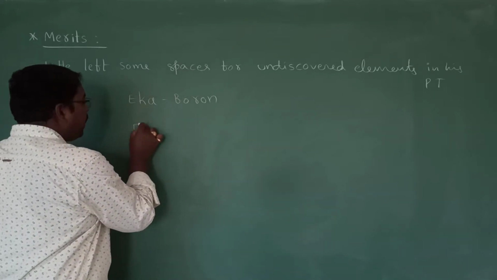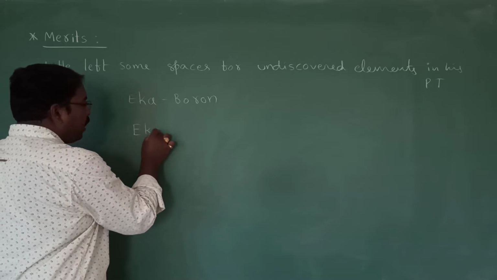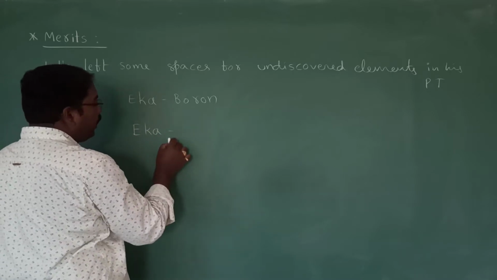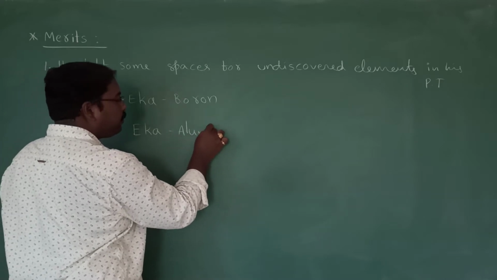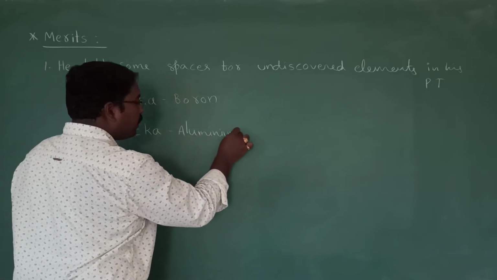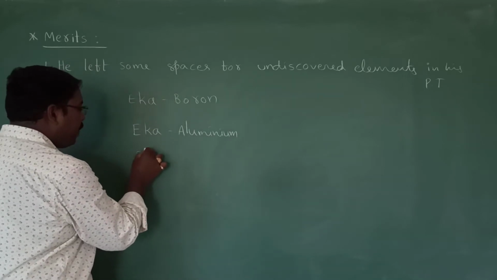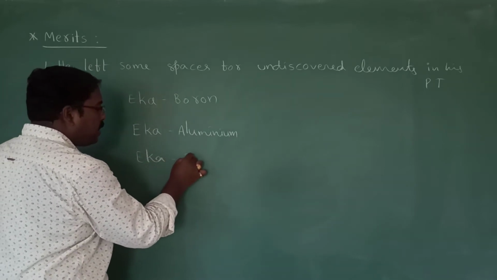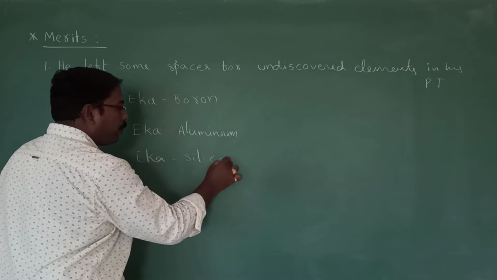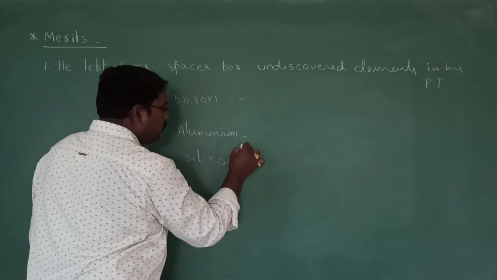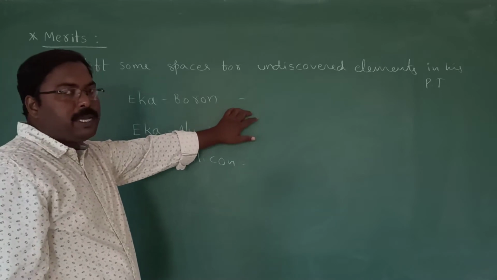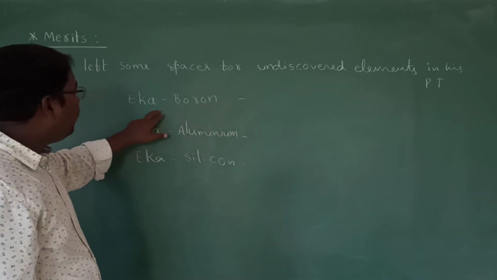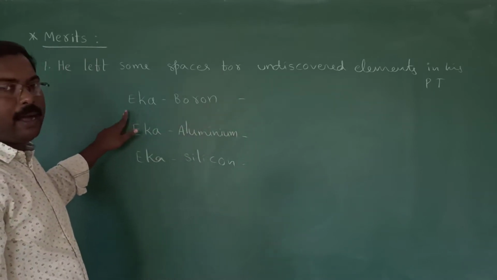Next, in the same manner, he left a space after aluminium and named it Eka-aluminium. In the same way, Eka-silicon. So he left blank spaces for the elements and named them with the prefix Eka.